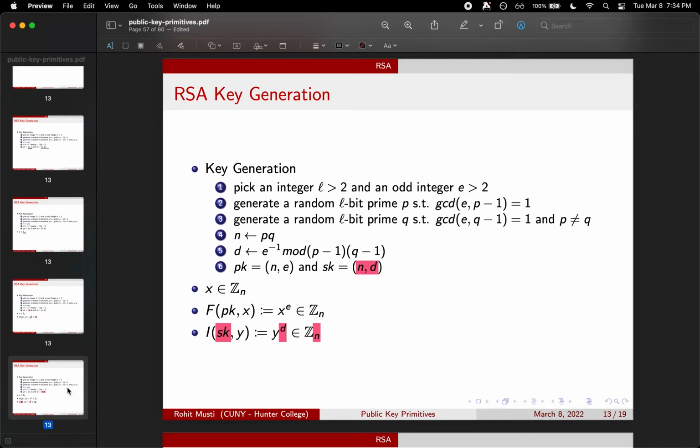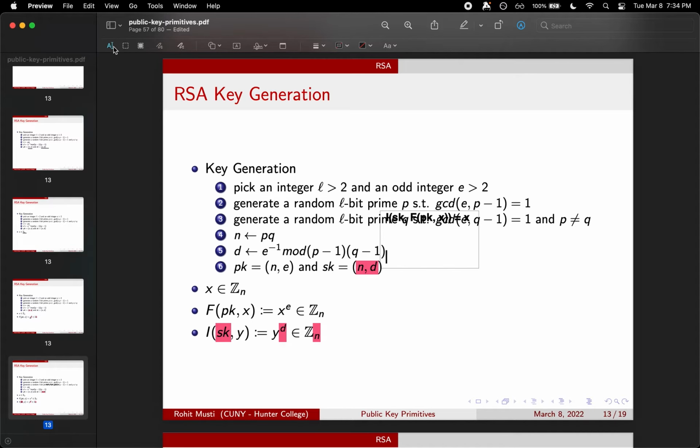Now, take a moment and try to think of the RSA correctness requirement. As a reminder, the correctness requirement says that I of SK of F of PK of x equals x.